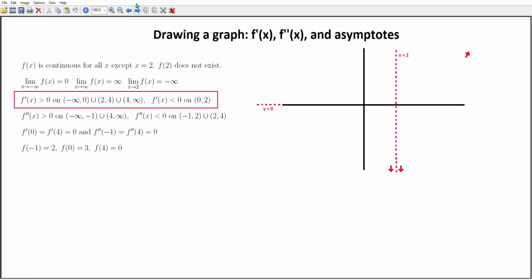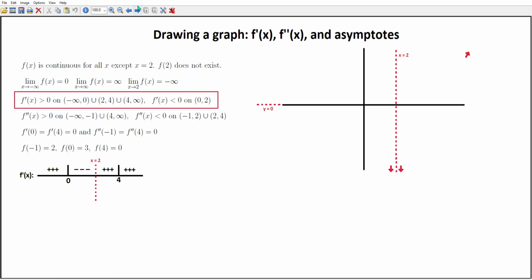Next, we look at the first derivative, and we discover that the first derivative is positive on minus infinity to 0, union 2 to 4, union 4 to infinity, and f prime of x is negative on 0 to 2. So what we do is we draw a sign chart, and we include that information.